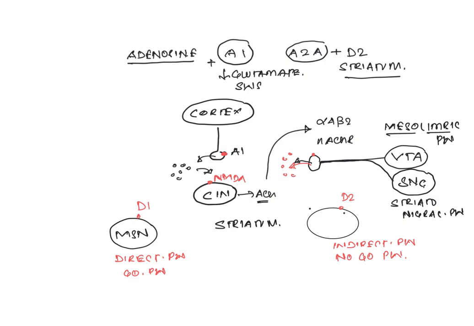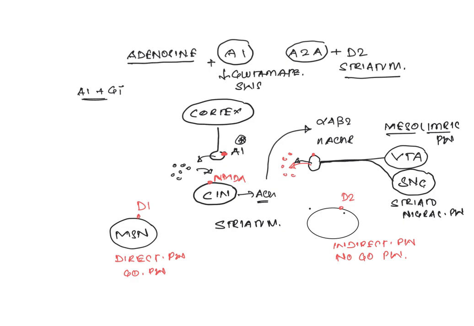Now, when adenosine acts on the A1 adenosine receptors, right? The A1 adenosine receptor is coupled to Gi protein. That means that when you stimulate it, it inhibits the release of neurotransmitter or electrical activity.